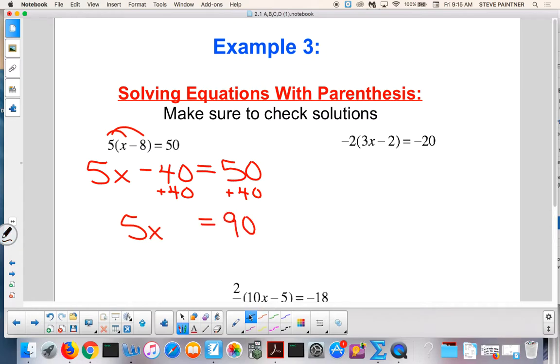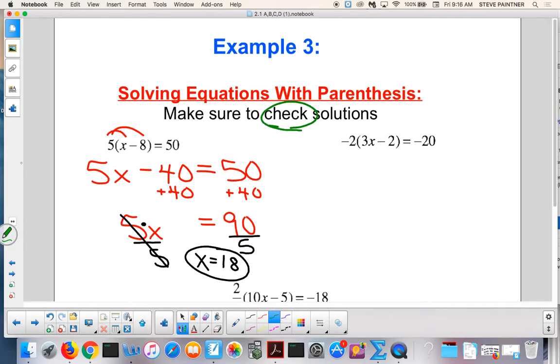Now what? Yeah, get rid of multiplication, the opposite of multiply. Divide. Right? 5s are out. X equals 18.